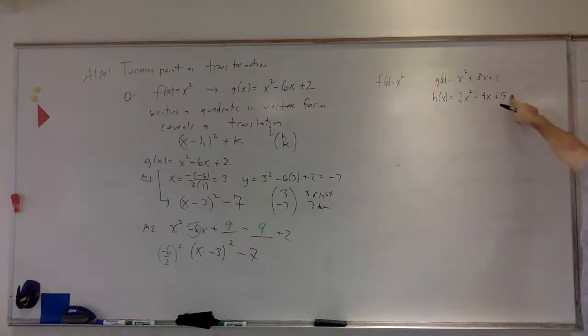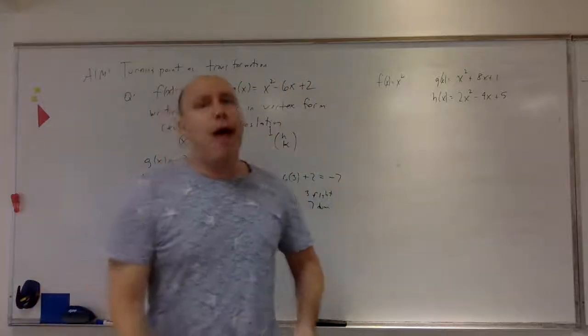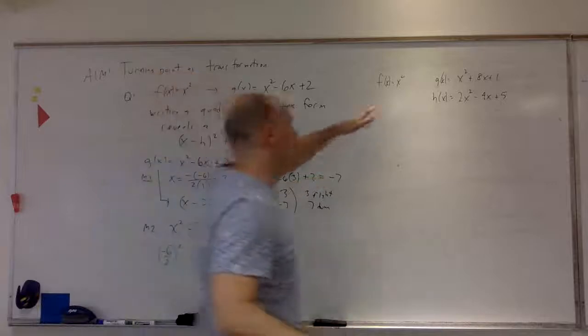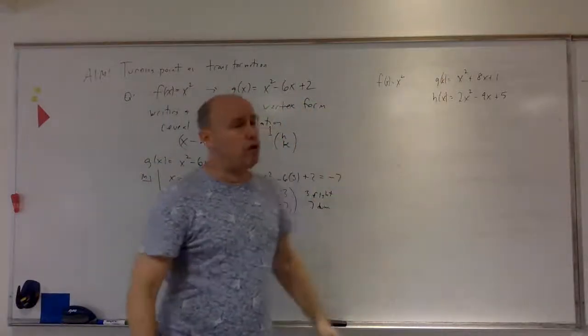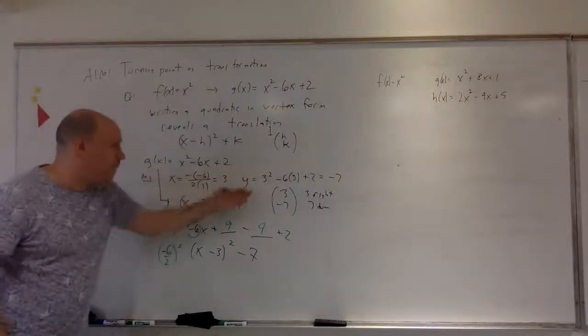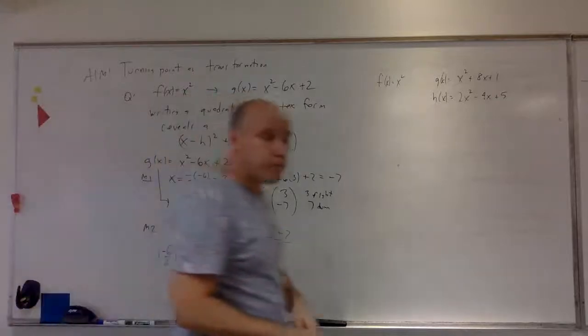I'm not really thinking this one is going to be on the IB exam, but it never hurts to practice. So I want you to pause the video and try these on your own. Either you can, once again, use method 1, find the turning point and rewrite it, or do completing the square.